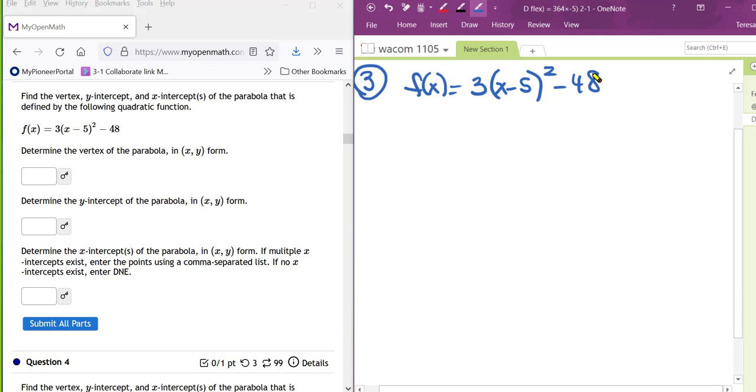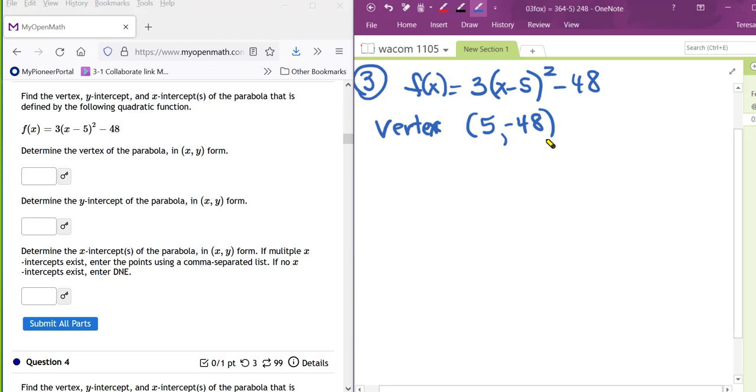Right. This is standard form, so your vertex is easy. It's in the form minus, so it's going to be 5, negative 48. So that we just pick off.